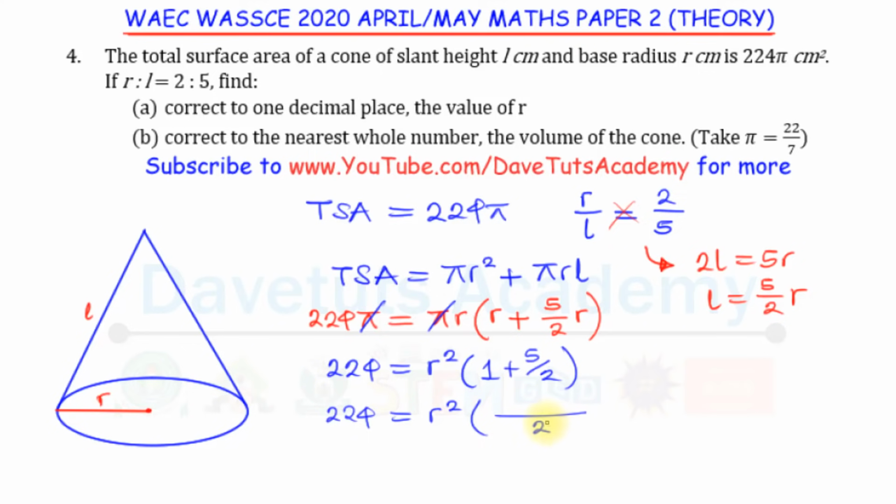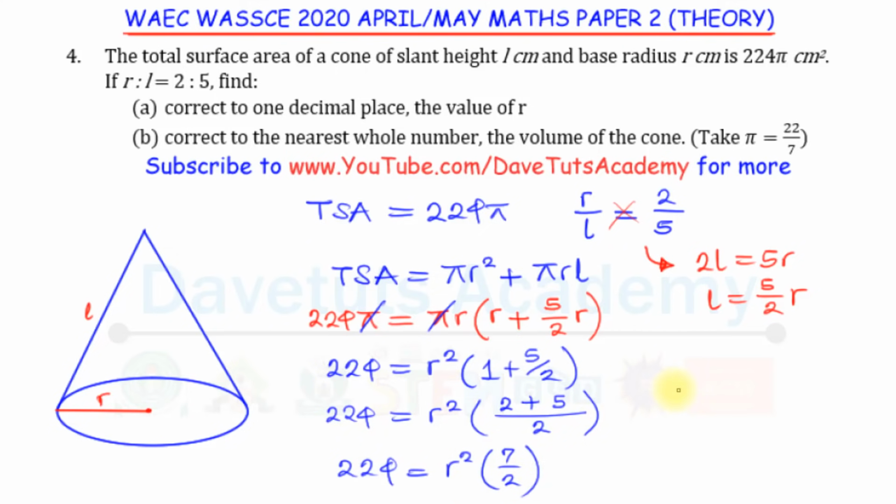I can express the LCM as 2: 2 divided by 1 is 2, and 2 times 1 is 2, plus 2 divided by 2 is 1, and 1 times 5 is 5. Such that I can have 224 equal to R square multiplied by 2 plus 5, which is 7/2.